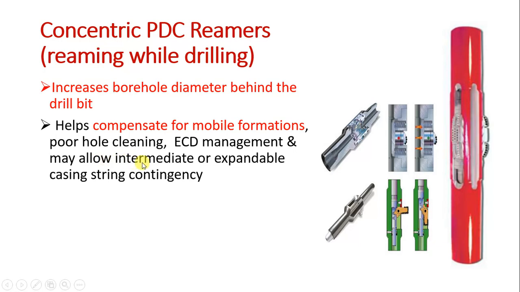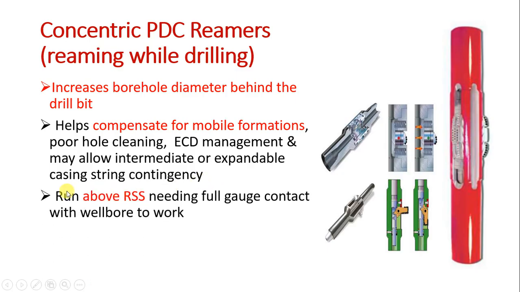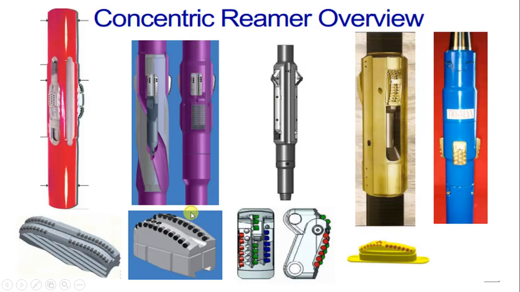It may allow intermediate or expandable casing string contingency. It's run above the RSS, rotary steerable system, needing full gauge contact with the wellbore to work. This is very important.